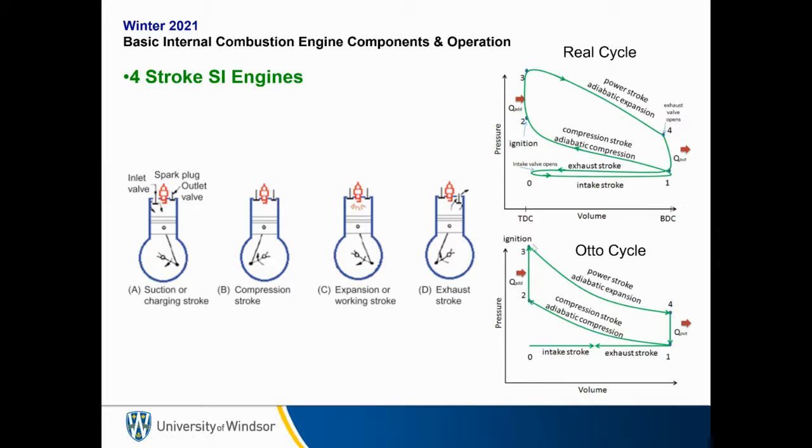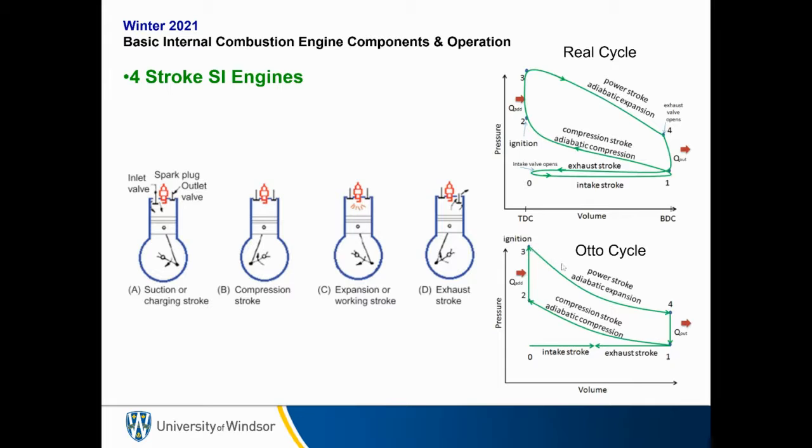The reason we have heat addition at constant volume is that for spark ignition, we assume the combustion is extremely, extremely fast. So as soon as the spark happens, almost everything burns. This is an idealization. This isn't actually true, but it works out. It's fairly accurate for spark ignition engines.